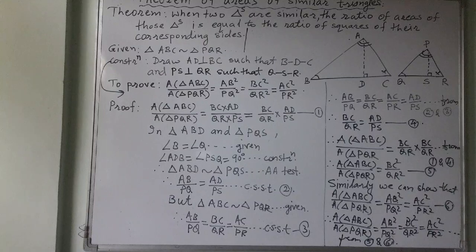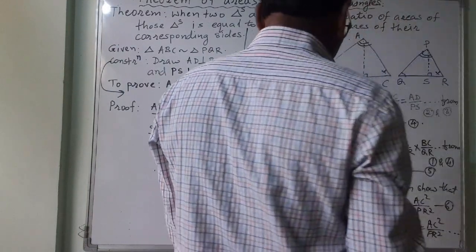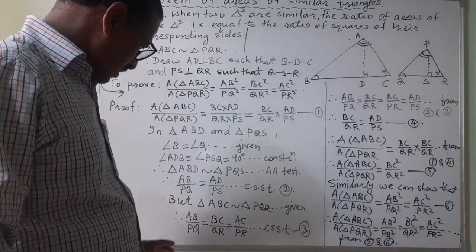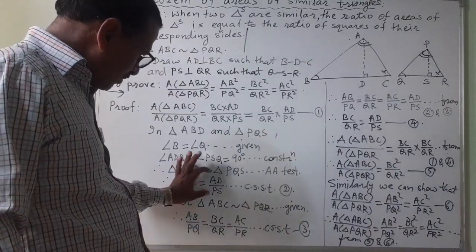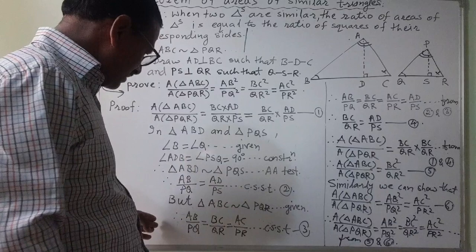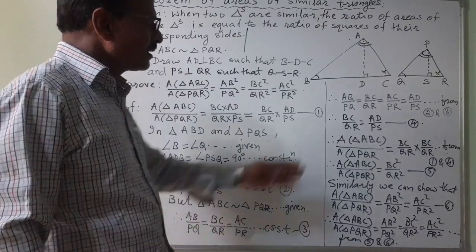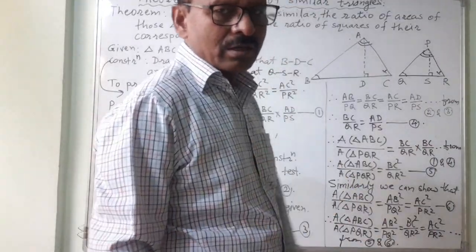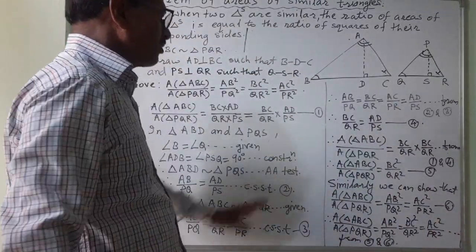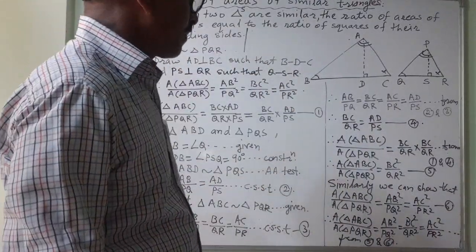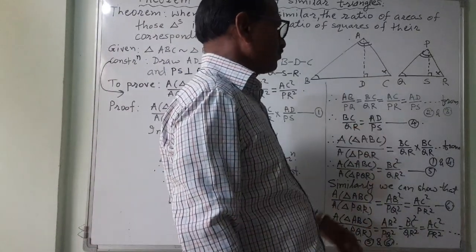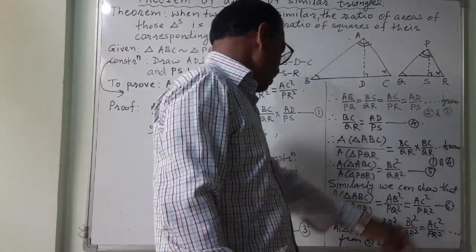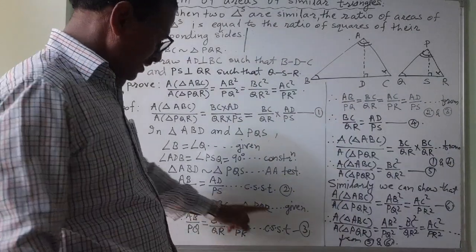So from this, one is equal to this. That means this whole thing is equal to AD upon PS. That statement is written here. In the textbook it is not written, but you should write it so that it will be easy to remember. So this was taken from 2 and 3. This is 2 and this is 3.